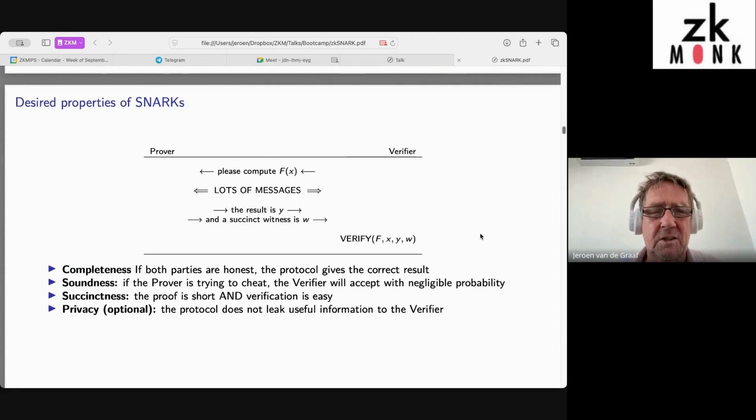It's just saying that things should work as they are supposed to work. Now, soundness is interesting. Soundness is a way to protect the verifier against a cheating prover. It says that if the prover is trying to cheat, then he will succeed only with a negligible probability.